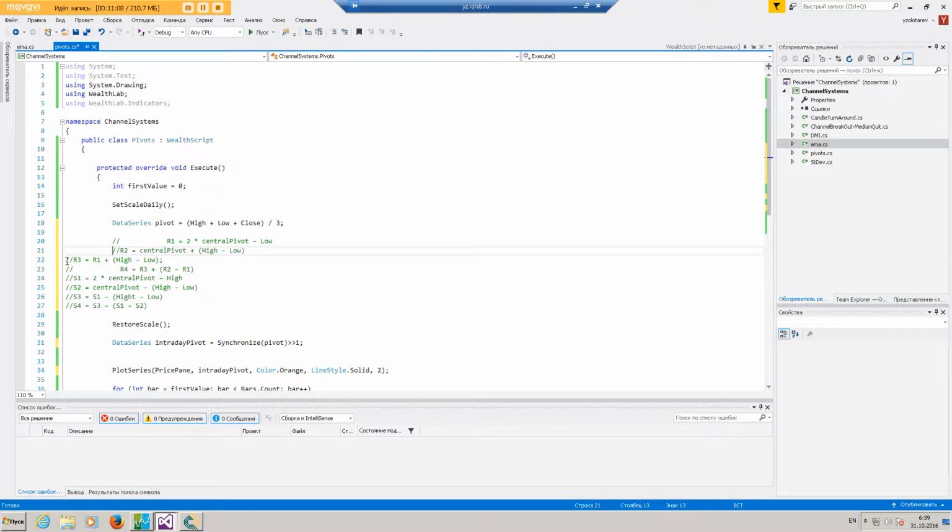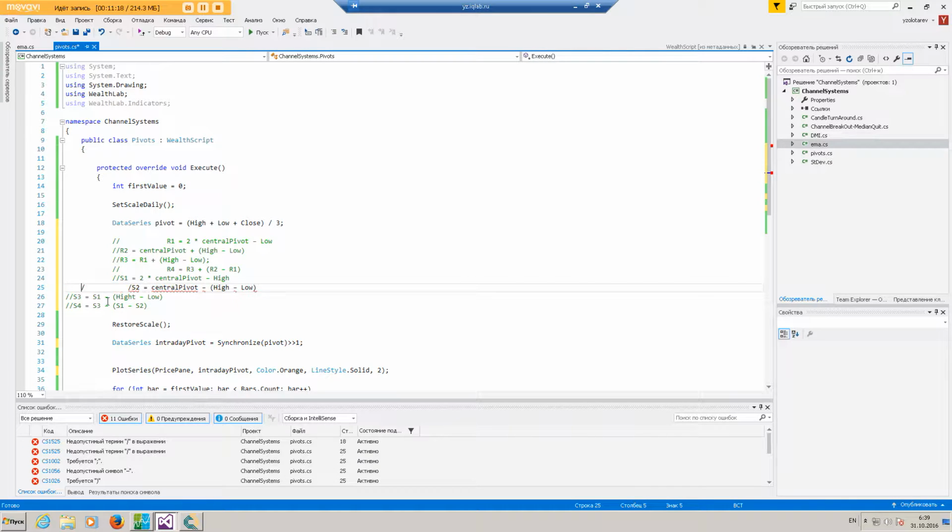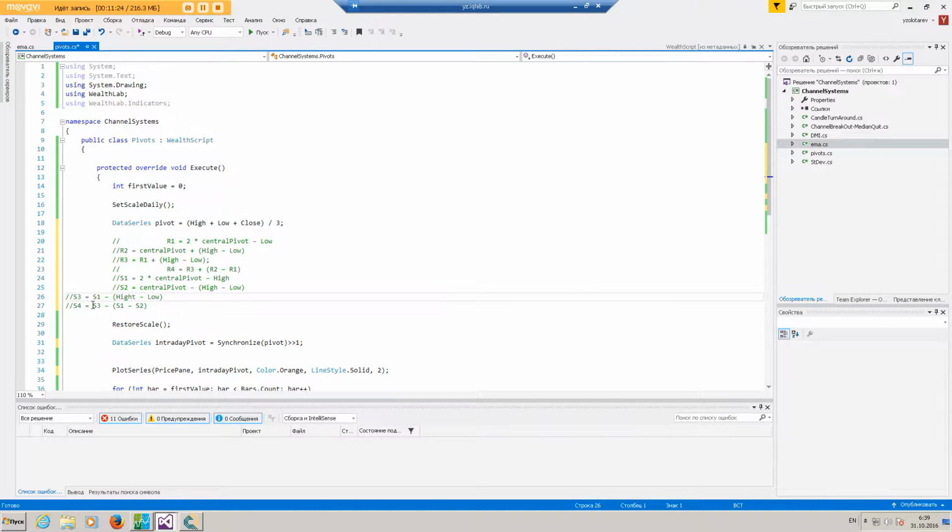So let's code the equations for the rest of the pivots. I'll erase this afterwards, or I might actually just keep it here. Shall we keep S4? For the quickness, you can do S4 if you want.